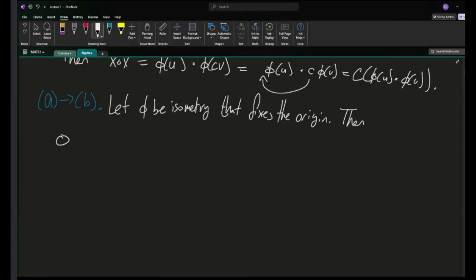Then phi of u minus phi of v dotted. Yeah, go ahead.